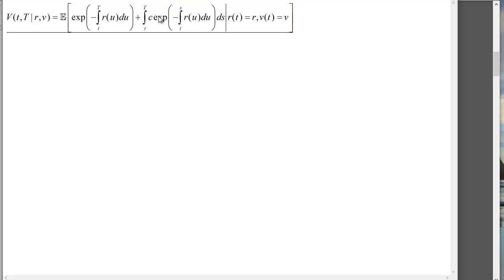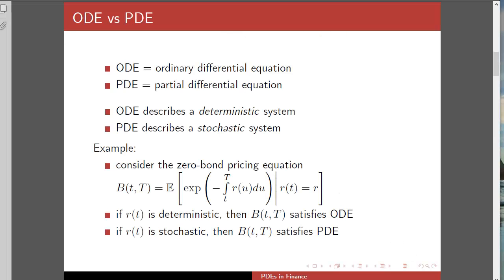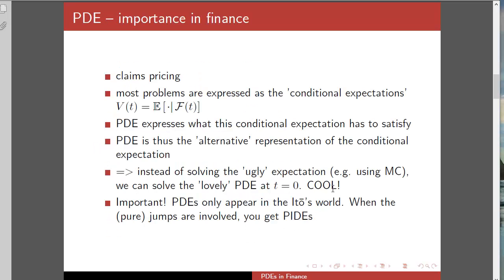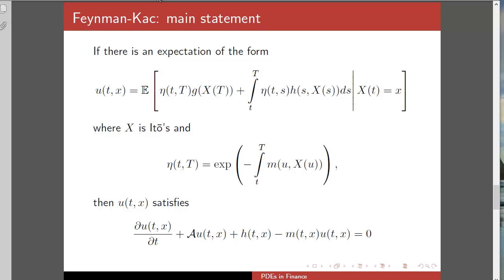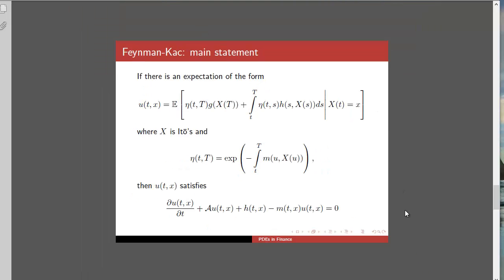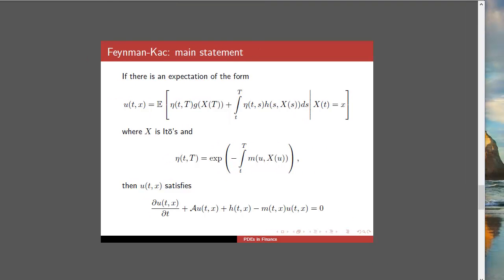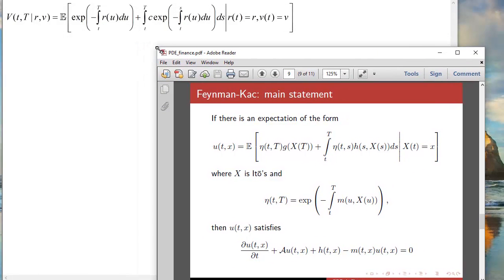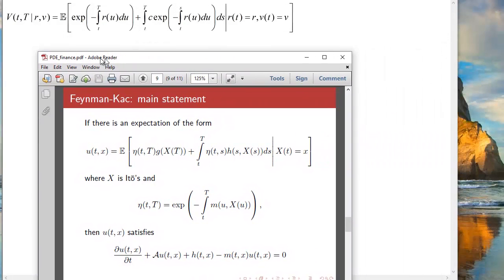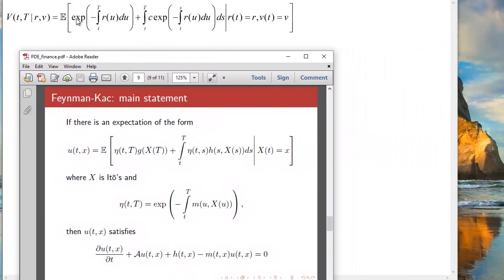All right, so let's focus on this particular example and let's see how it fits the Feynman-Kac expectation. So I'll make it smaller. You can see that this is again this eta here.